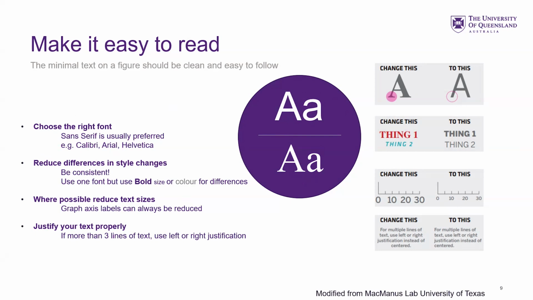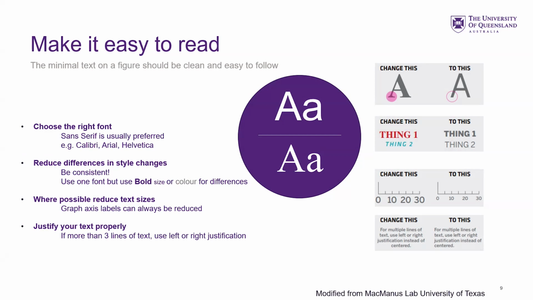We see a lot of times unnecessary use of different fonts. You might have your title in Arial, but then some other text in Helvetica. And we'll show you in Illustrator how you can fix that. Try to use one font, but use bold or size to help with certain things.